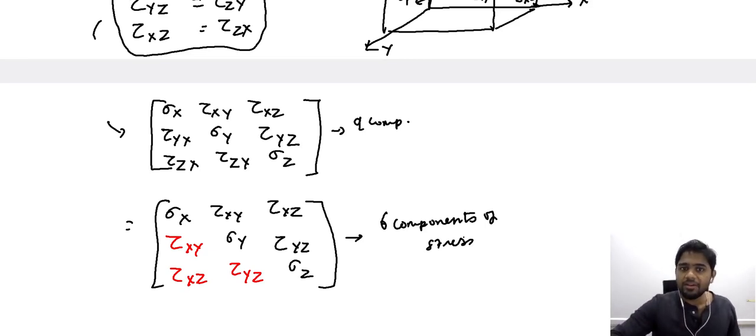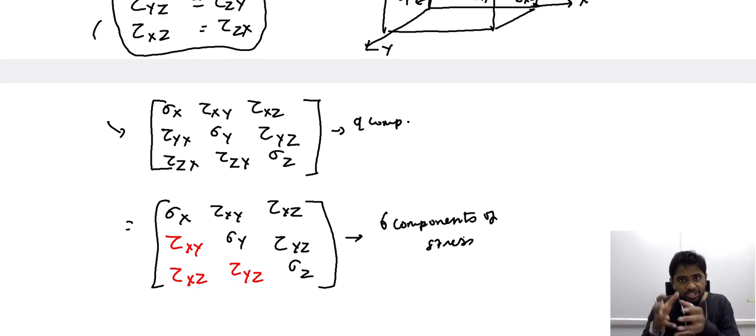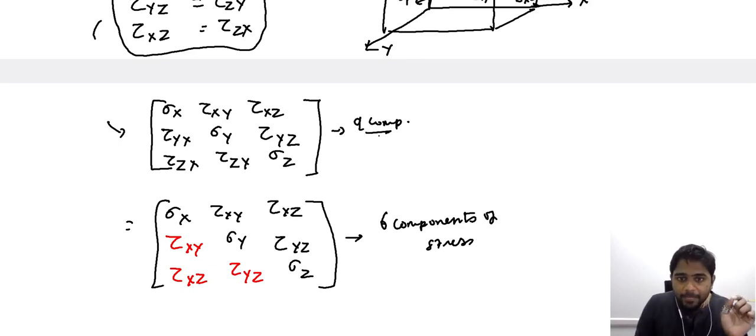But when we look closely into the shear stresses that are experienced by the elements of the sample, and we ensure the rotational stability of these elements, then we see that there are duplicates associated with it, and therefore all that we need is, instead of 9, just 6 components of stresses.